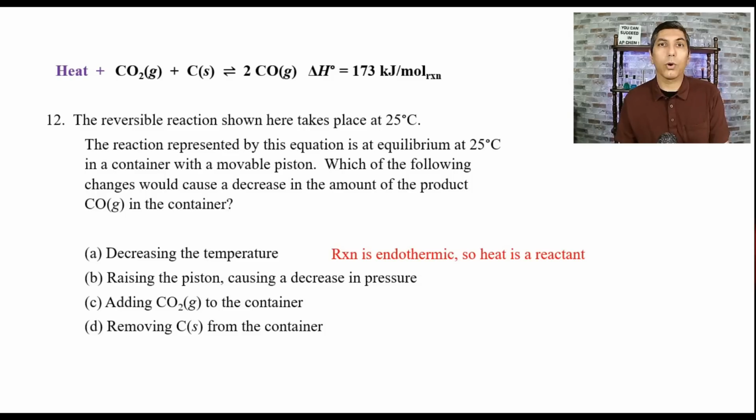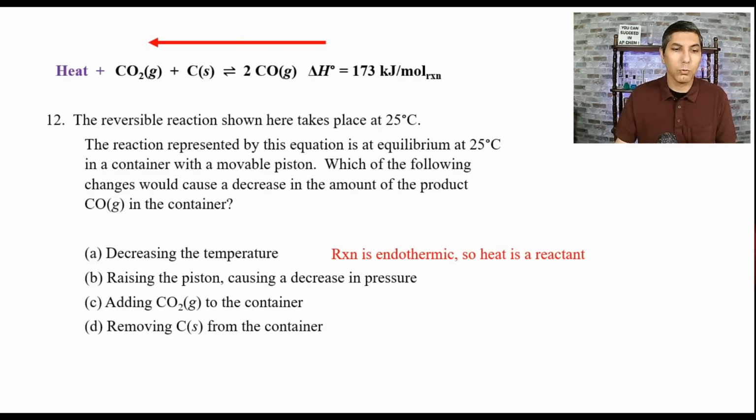So if you remove heat, or any reactant for that matter, we know that the reaction is going to shift toward the reactant side. That means we're going to have more reactants at the expense of the products. So that means that the carbon monoxide concentration is going to decrease. And so yes, the answer seems to be choice A. But let's go on through these other choices here just to make sure.